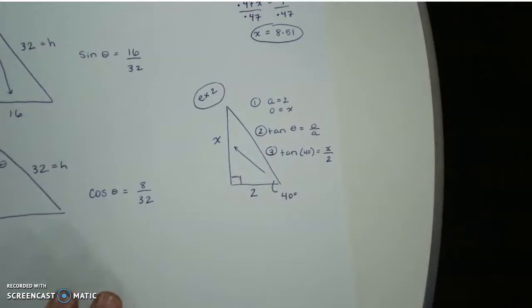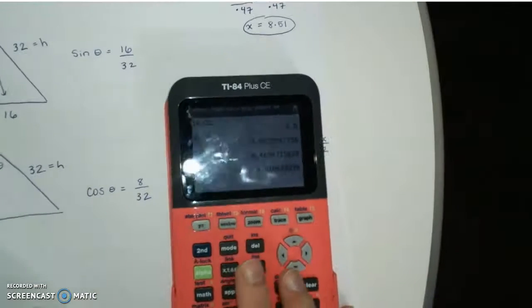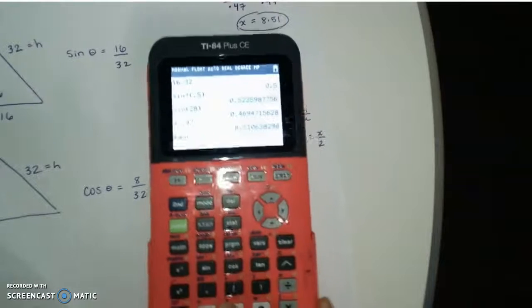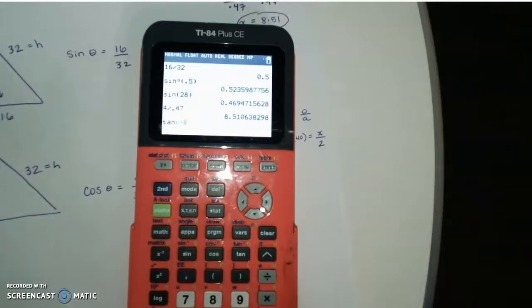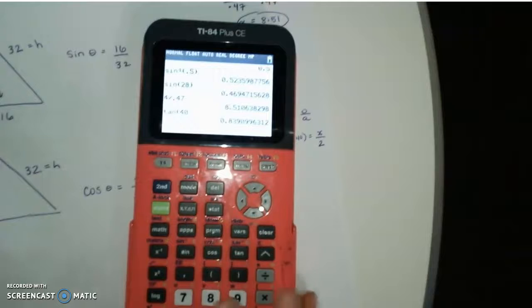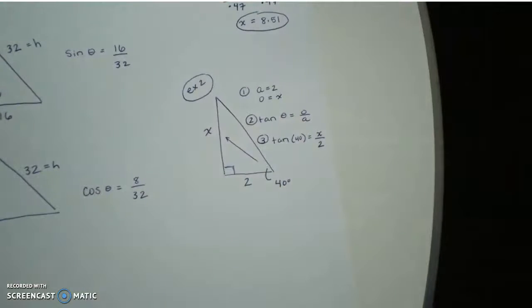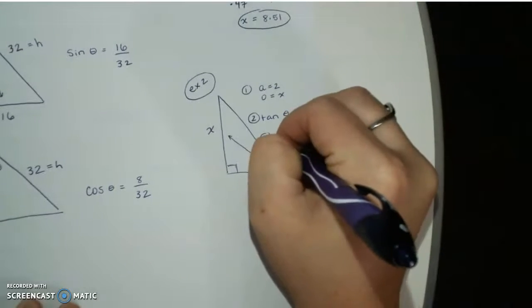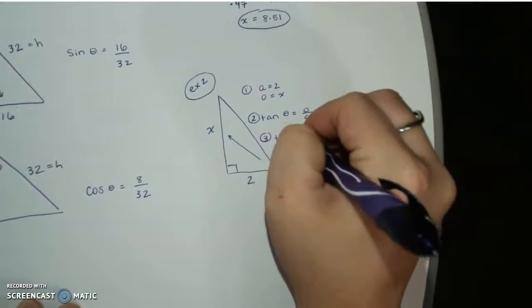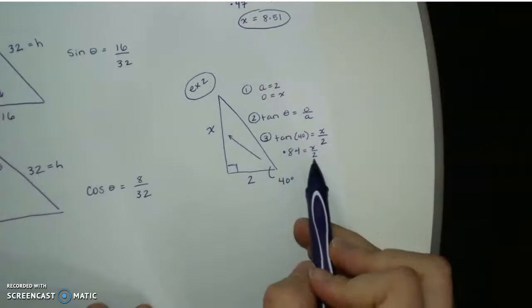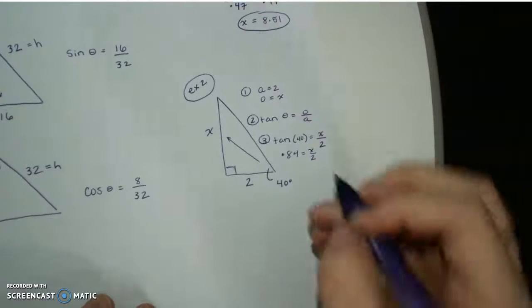And now we solve. So I grab my calculator. I say the tangent, and there's that glare again. I say the tangent of 40 equals 0.84, rounded to the nearest hundredth. And to get my x by itself, I need to multiply both sides by 2.